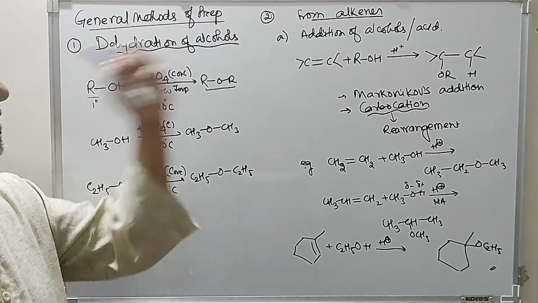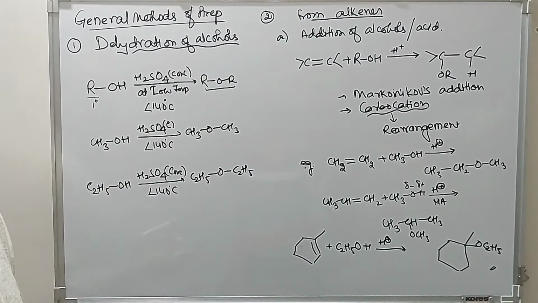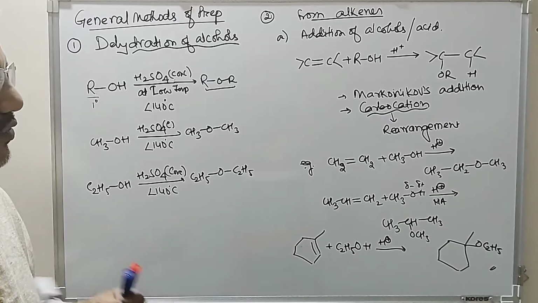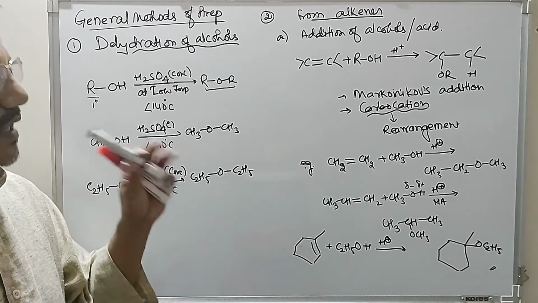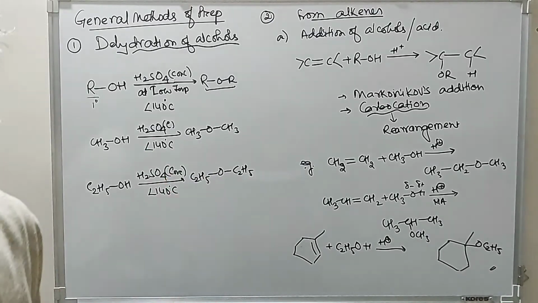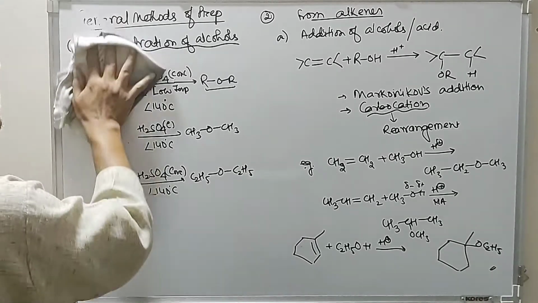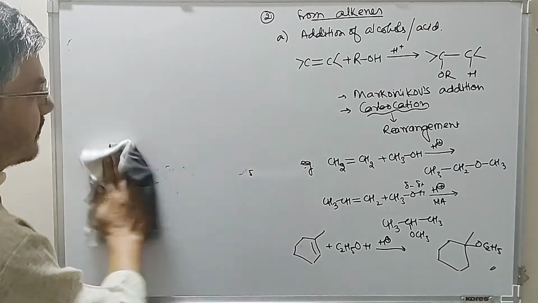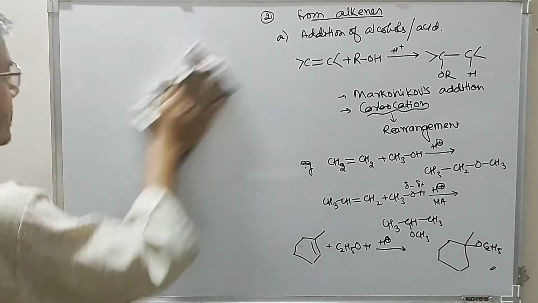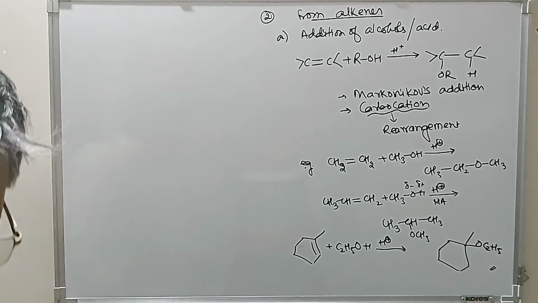So in acid catalyzed addition of alcohols to alkenes, the reaction follows Markovnikov's addition, there is a carbocation intermediate, and there is a chance for rearrangement, provided the carbocation can undergo rearrangement. So this is a method.